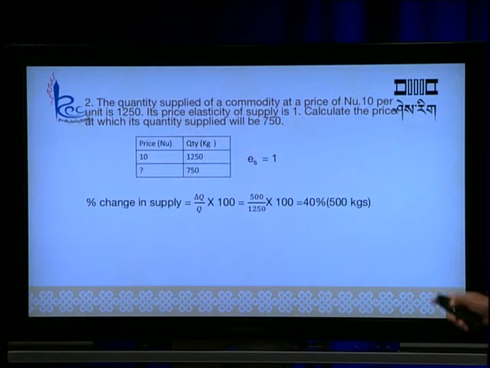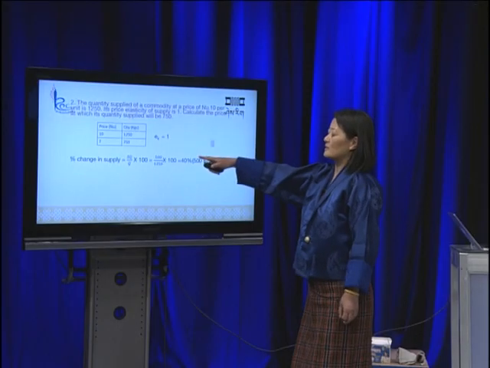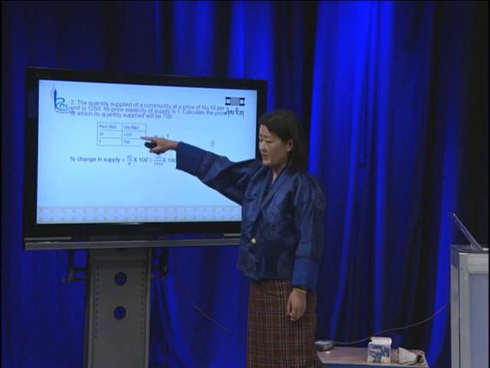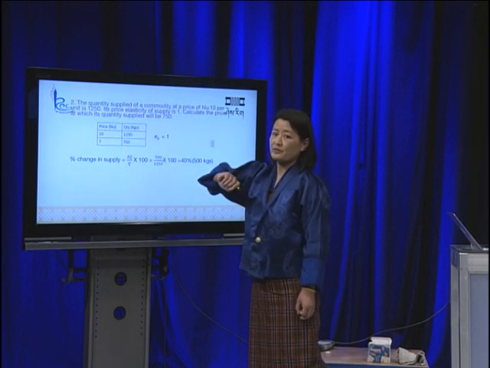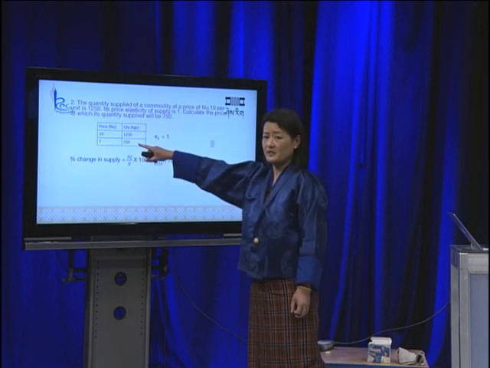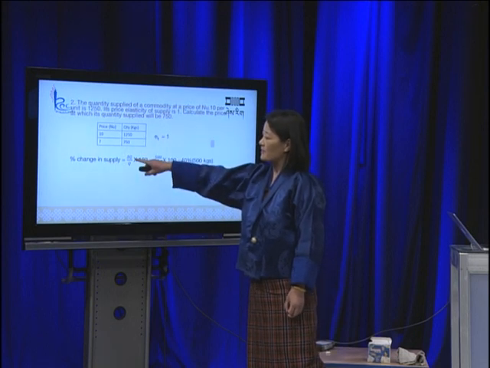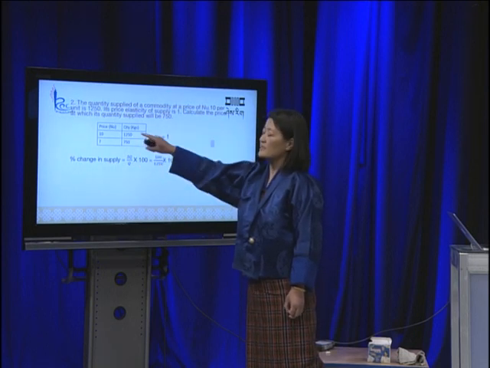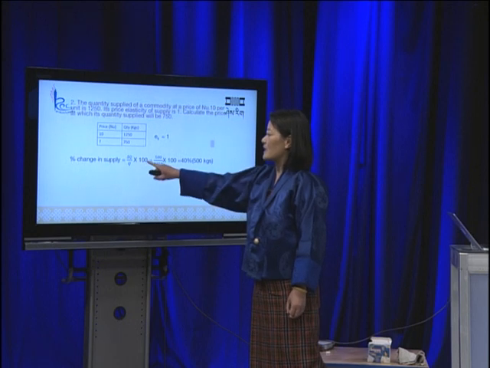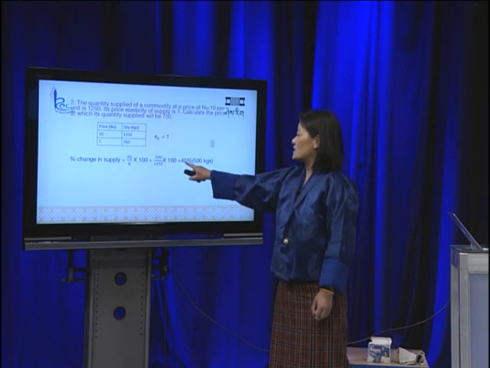The change in quantity supplied is 500, the initial quantity is 1250, so 500 by 1250 times 100 gives you 40%.